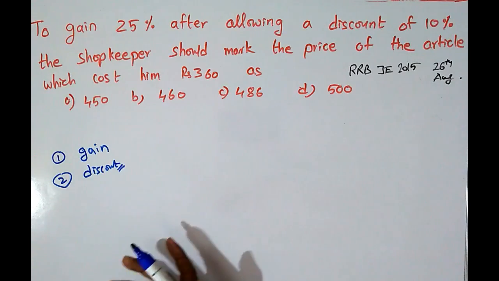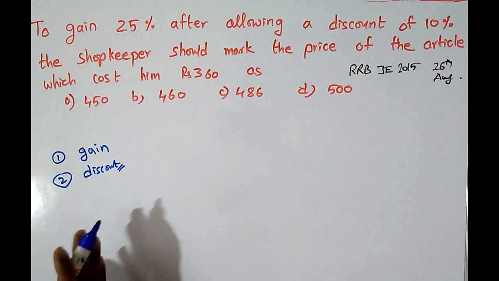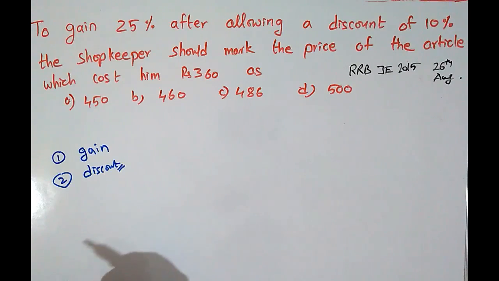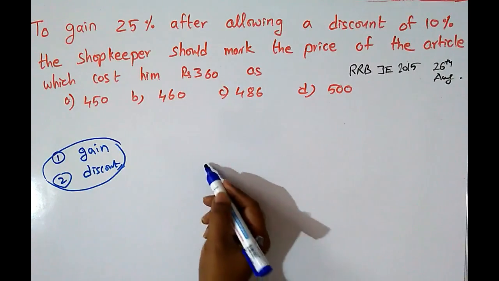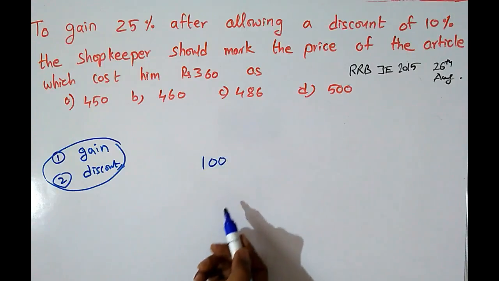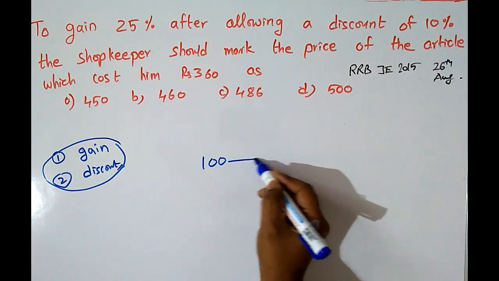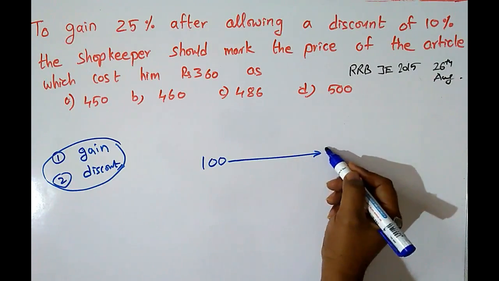Usually, friends, we go to a shop and it has offers, and with offers how can he get profit? So he will calculate something, and he will set a target.